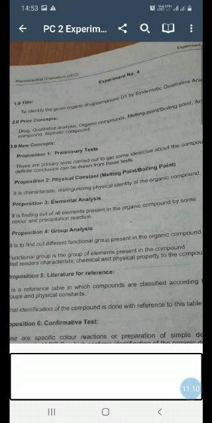Then I will refer to the table of aromatic carboxylic acids, and in that I will match the physical constant which I got during practical work with the literature values and correlate them, and stop where my compound's melting point and the literature melting point match, and observe the name against which this value is given. So that will be my compound.